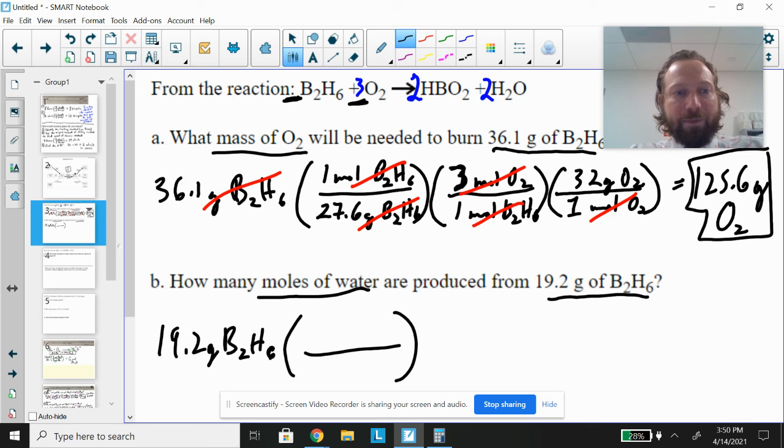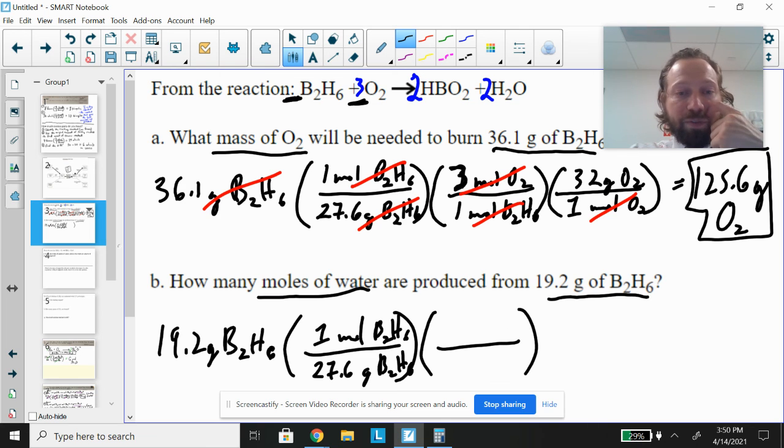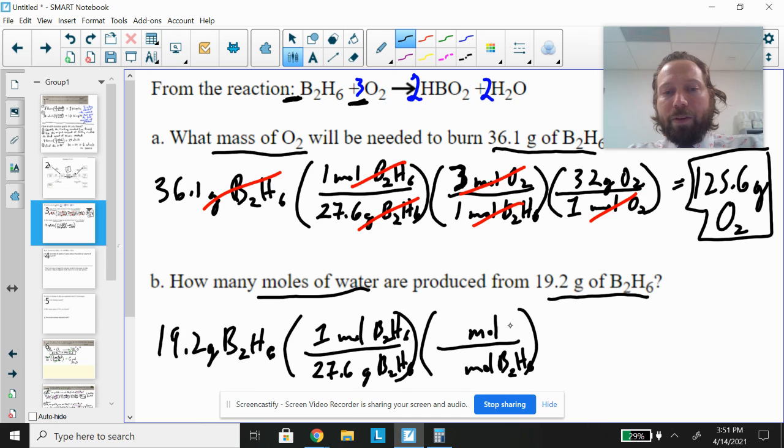In this case, again, it's 27.6 grams of B2H6 for every 1 mole of B2H6. And then I'm going to do my molar ratio. I'm going to take my moles of B2H6 and I'm going to put it on the bottom because that's what's given to me. And what's unknown goes on top, which is my water in this case. Now I look up to my balancing reaction.